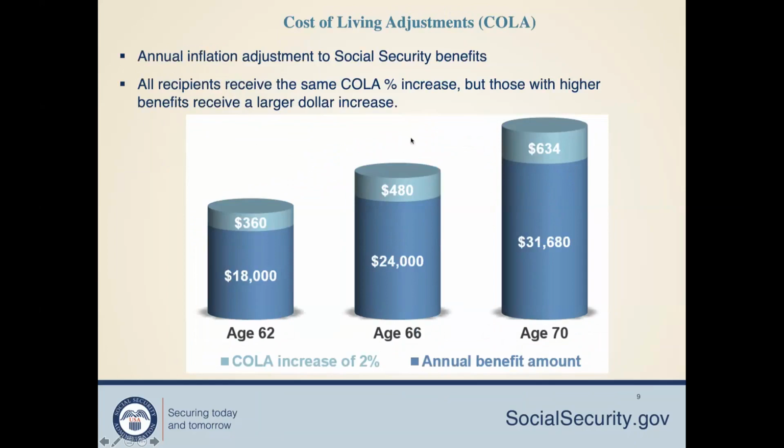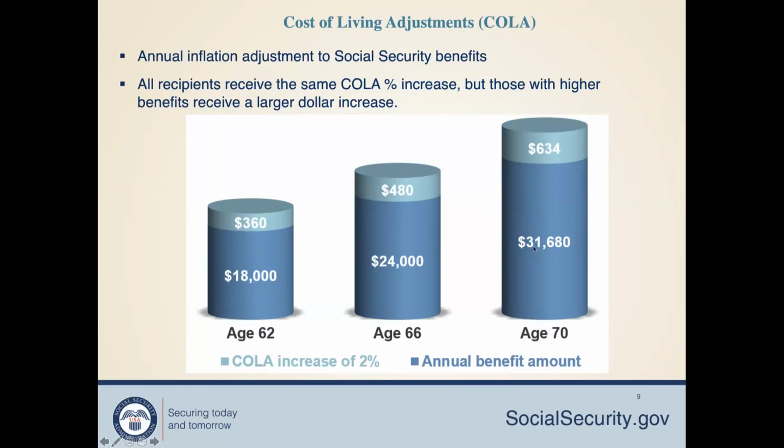And cost of living adjustment, COLA, is the annual inflation adjustment to Social Security benefits. All the recipients receive the same COLA percentage, but obviously those with the higher benefits receive a larger dollar increase. So if you start claiming at 62 and you're getting 18,000, a 2% COLA is only 360.